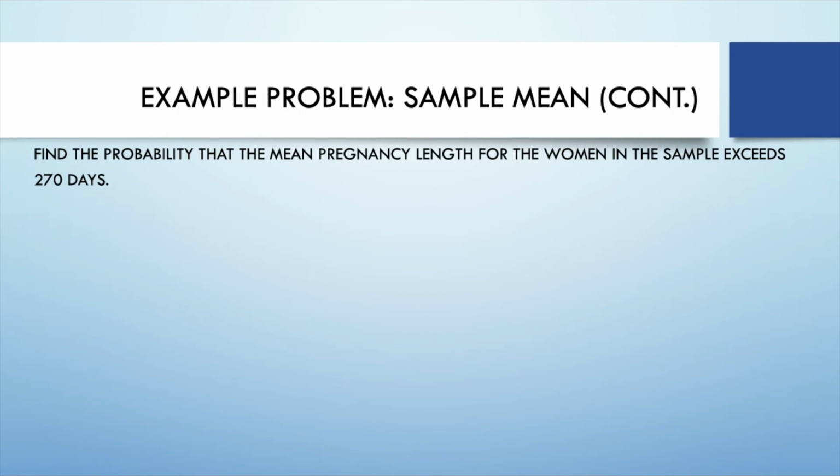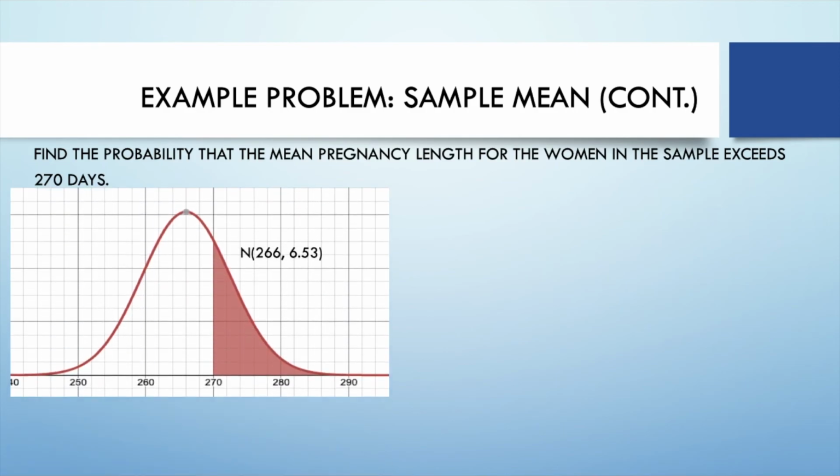The first question said, if I choose one random person out of all the pregnant women in the world, what's the probability that person has a pregnancy length greater than 270? This is now asking, if I pick 6 random women, what's the probability that the average of their pregnancy lengths will be greater than 270?